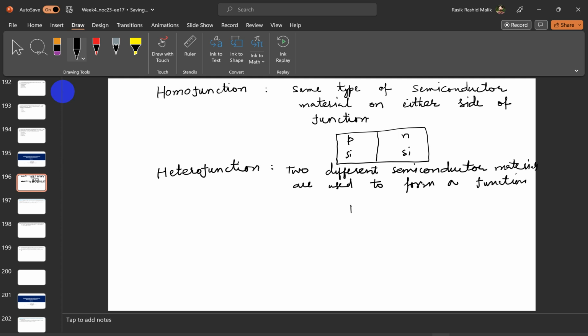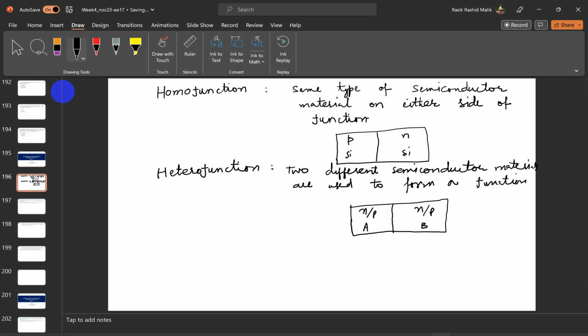Say you have material A and then you have material B, and you form the junction, and this can be of any type. This can be n-p, this can be p-n. Okay, so this is called a heterojunction.